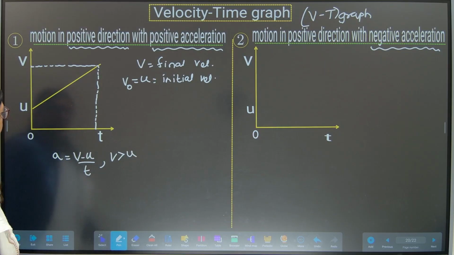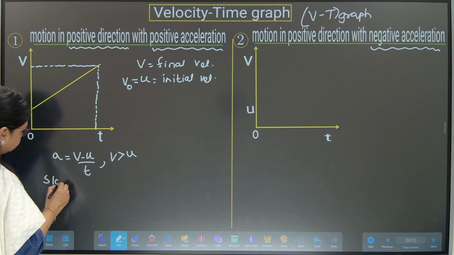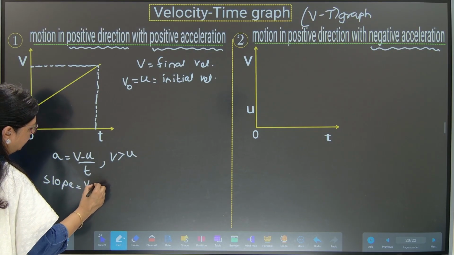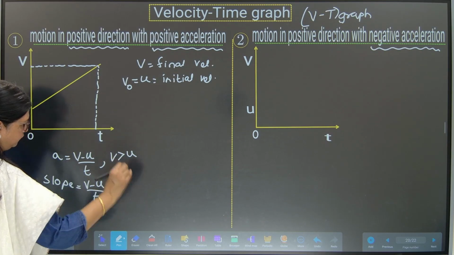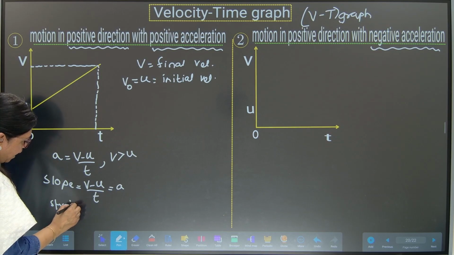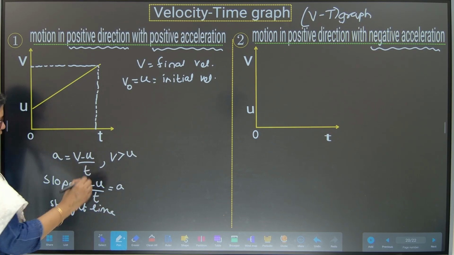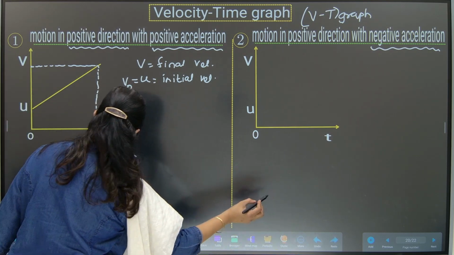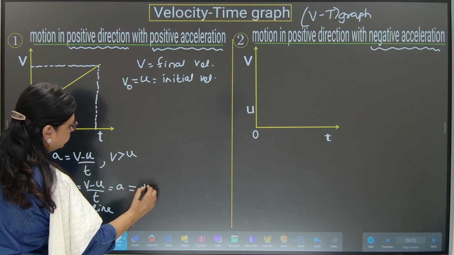And here you can say that the slope of this graph can give me the acceleration itself. What kind of a graph is it? It is a straight line graph. And what type of a slope is it? It is a positive slope.